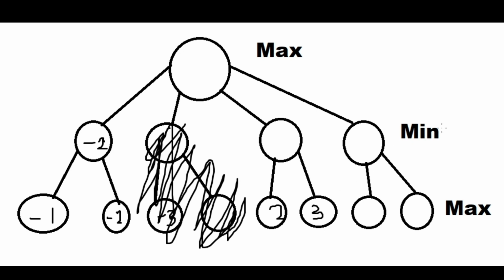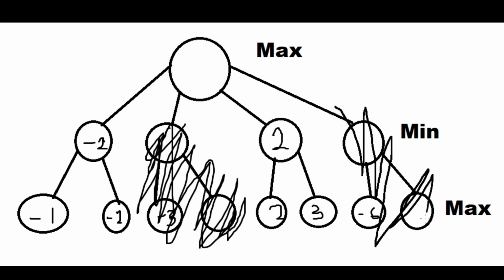And so this guy is going to go for the minimum of the 2, and that's going to be a 2. And then let's say we have a -6 here, but remember, this guy is never going to want to go to a -6 because we already have, I guess we have a 2 now. So we're not going to want to go for a -6, so we can go ahead and prune that branch. So the best possible evaluation is going to be a 2.